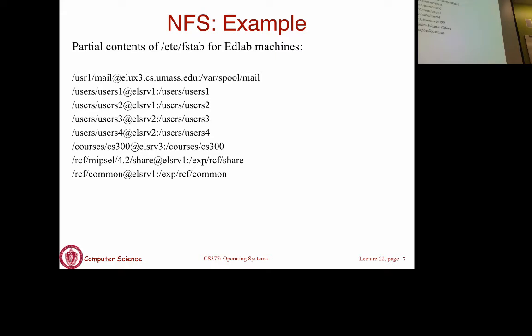You will see that these are all home directories that are similarly mapped. So if there is a /users, the users 4 volume on this EdLab server is mapped here. This is basically how the system administrator sets up the mapping. When your machine boots up, those mappings are put in place, so now you can start accessing remote files.